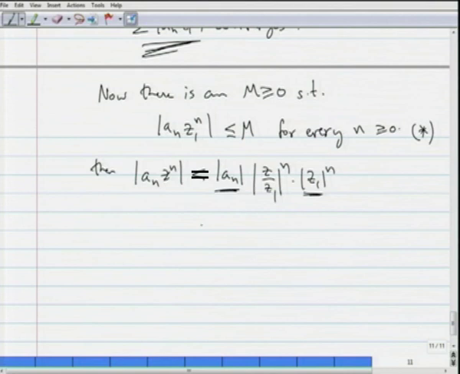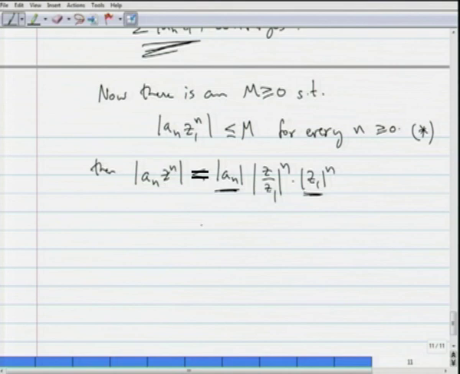Then what happens is that the modulus of a_n z^n is less than or equal to the modulus of a_n times the modulus of (z/z_1)^n times z_1^n in modulus.